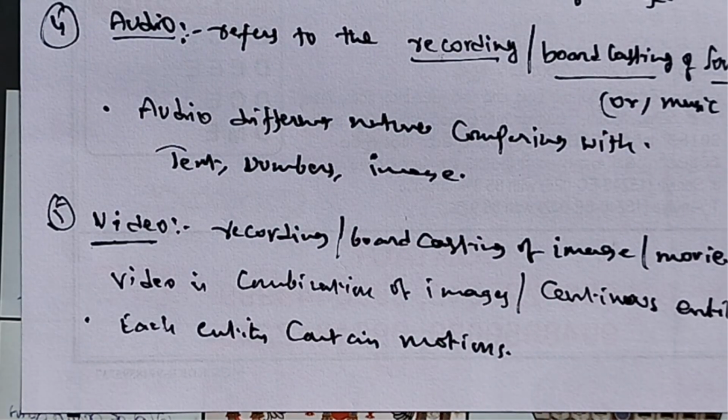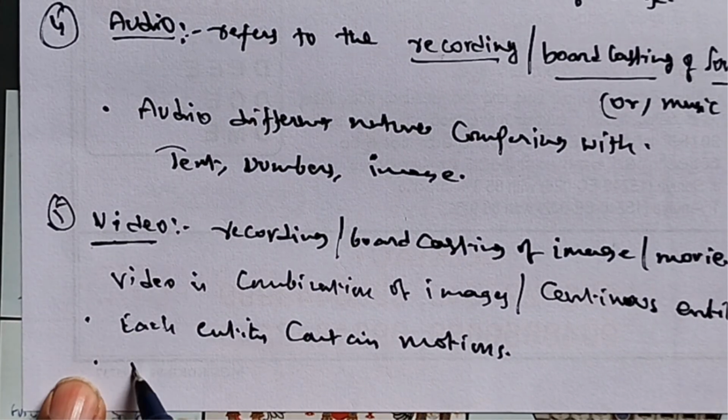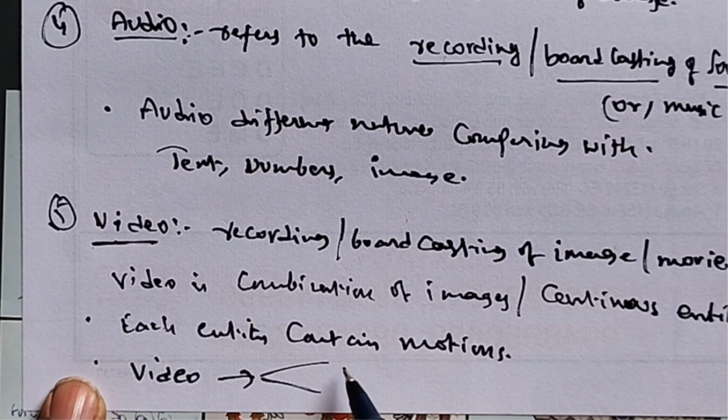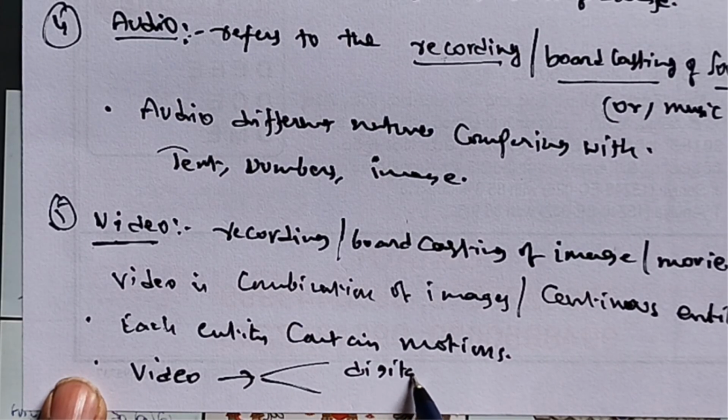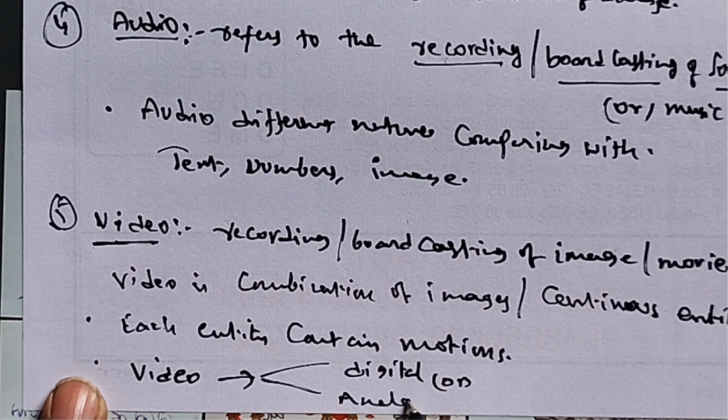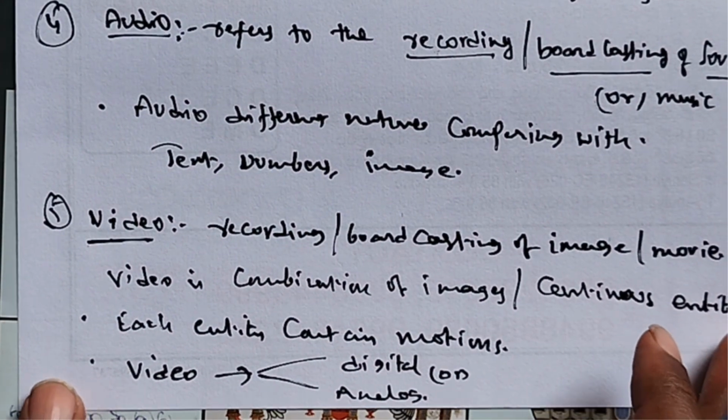Each entity contains motion. Again, a video can be converted into digital form or analog form.